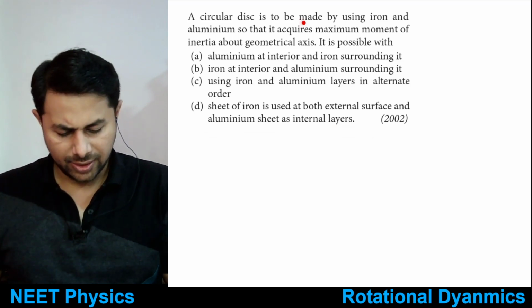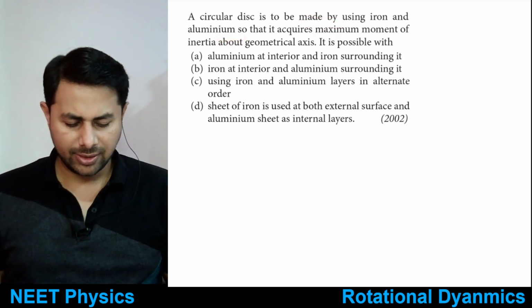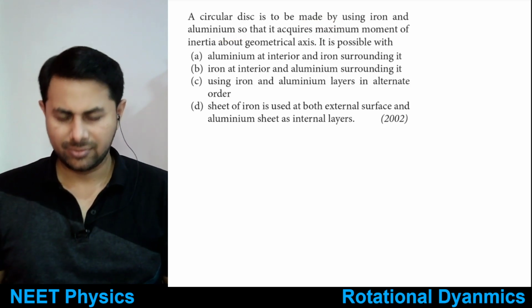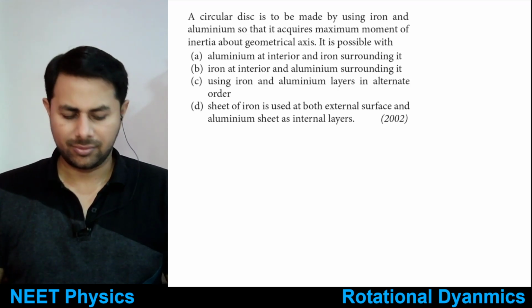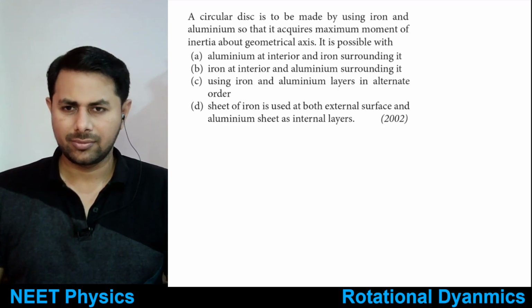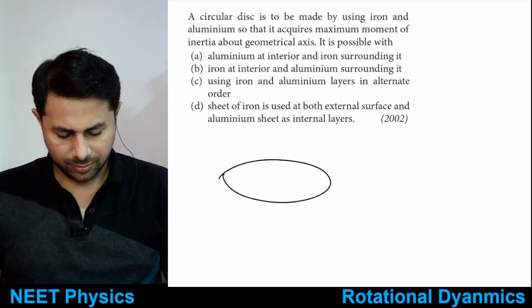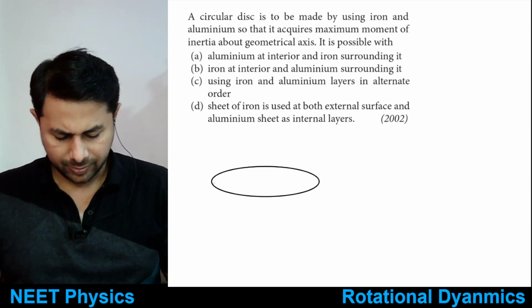A circular disc to be made using iron and aluminum so that it acquires maximum moment of inertia. Tell me. You want to make a disc using iron and aluminum.